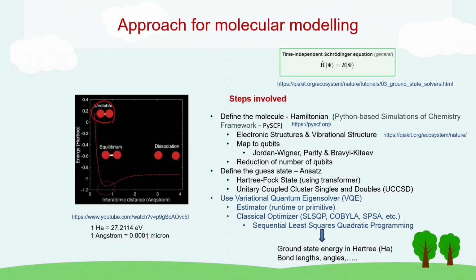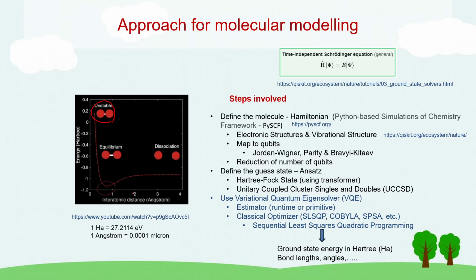Now you would have got some idea about what we are going to do. So basically we'll be defining an atom, like how many electrons are there, how many neutrons are there and things like that, and what is the distance between the atoms. And we can also define some more parameters we'll see later, and then see where it gets settled, so that you will come to know the ground state energy.